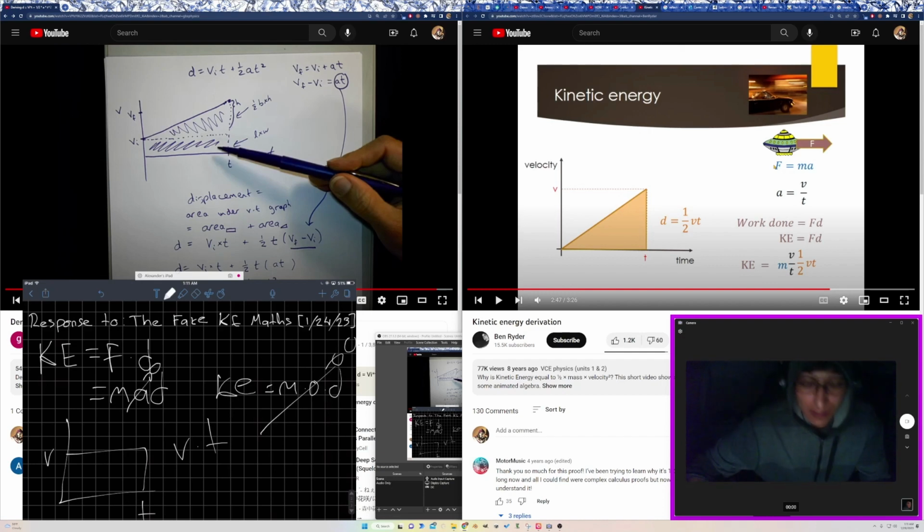If there is no acceleration, there is no force. So F equals ma. If there is no acceleration, if velocity initial equals velocity final, when you take the average, you get a big fat 0.